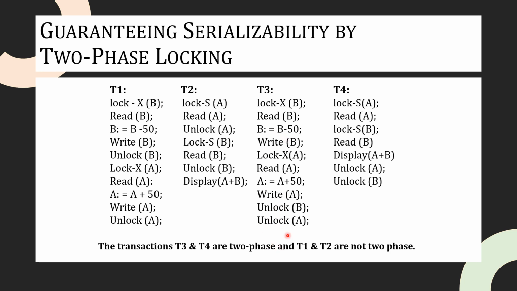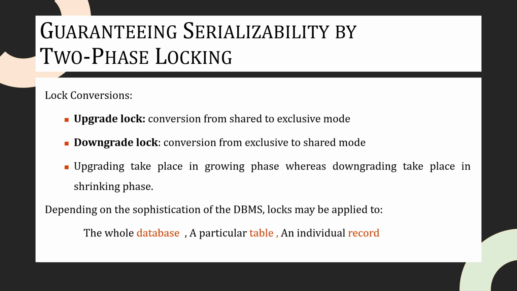So this is in 2PL, right? We have the growing phase followed by the shrinking phase. T4 also has the locking phase, or the growing phase, followed by the shrinking phase. So we can see that the transactions T3 and T4 are two-phase, and T1 and T2 are not in 2PL.